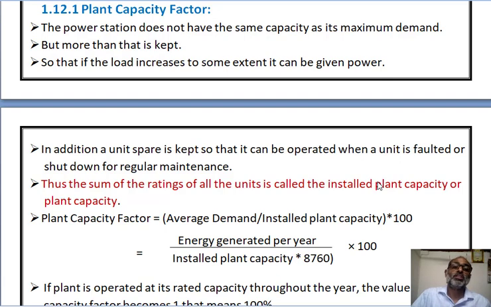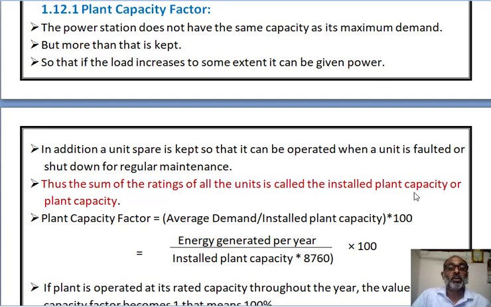Thus the sum of the ratings of all the units which are installed in the plant is called installed plant capacity or plant capacity.